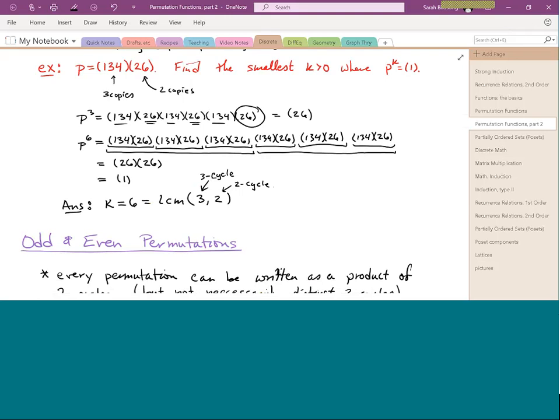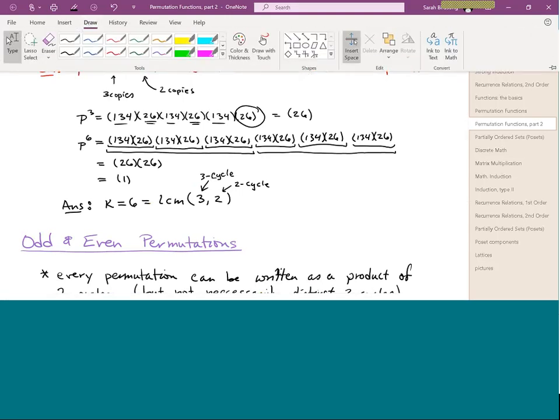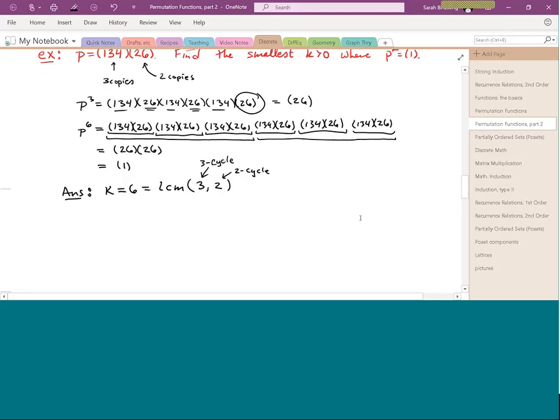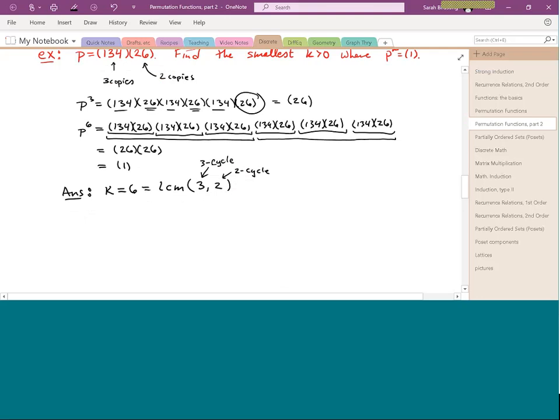Now, why is that interesting? It's because of this property. So using the same permutation, so this is like a part 2.